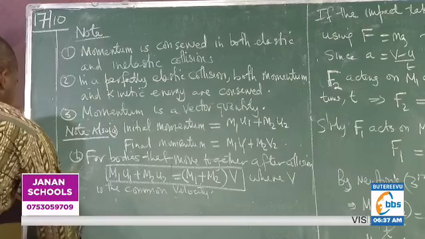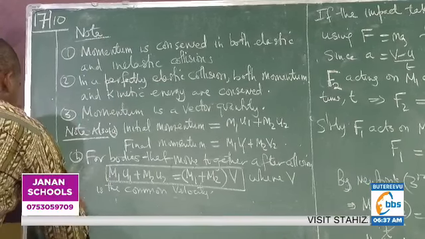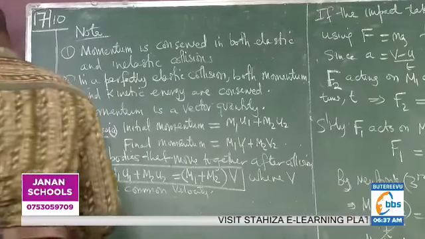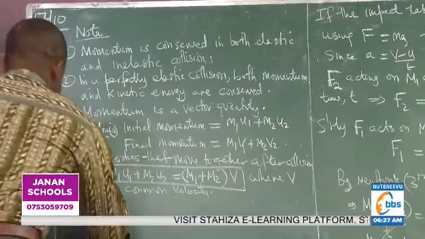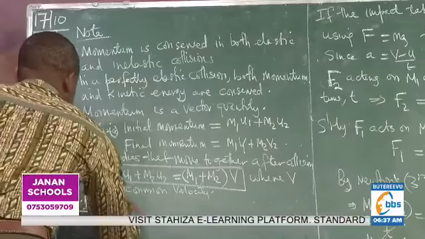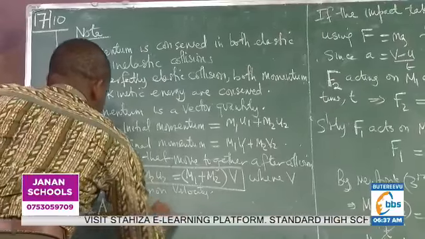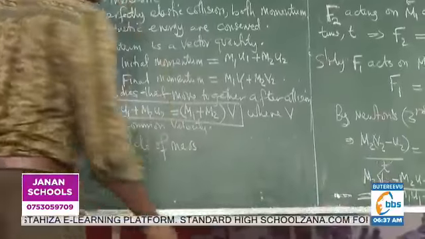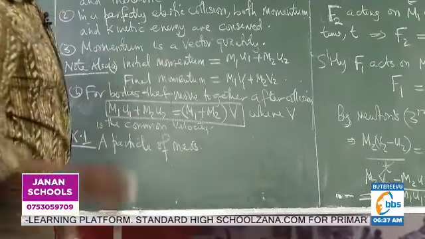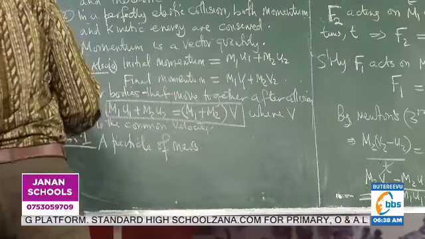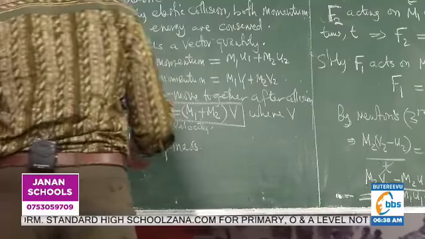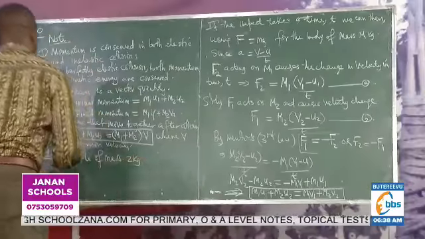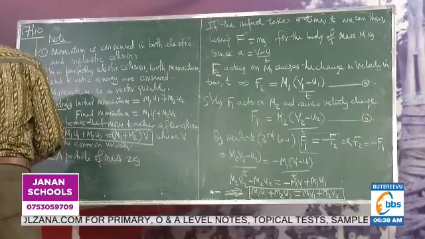So we shall have our first example here on the use of the law of conservation of momentum. Very simple concept once the candidate gets to know what is given. Our question is over here. A particle has a mass of 2 kilograms.